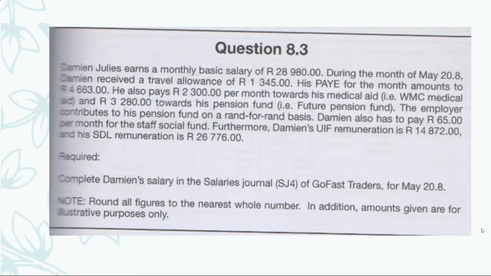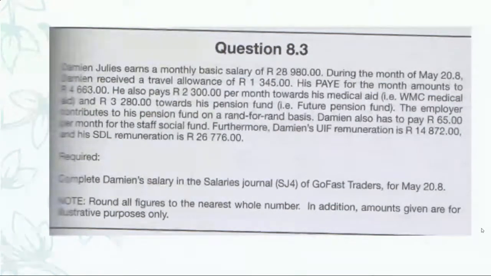Damien also has to pay 65 Rand per month for the staff social fund. Damien's UIF remuneration is 14,872, and his SDL remuneration is 26,776. Here they've given you the UIF and the SDL remuneration to calculate the UIF and SDL deductions and contributions.